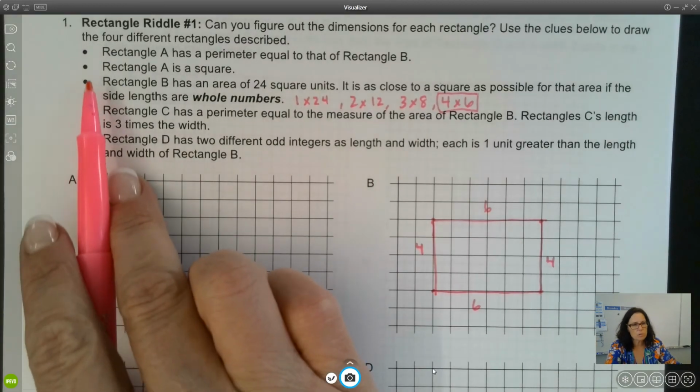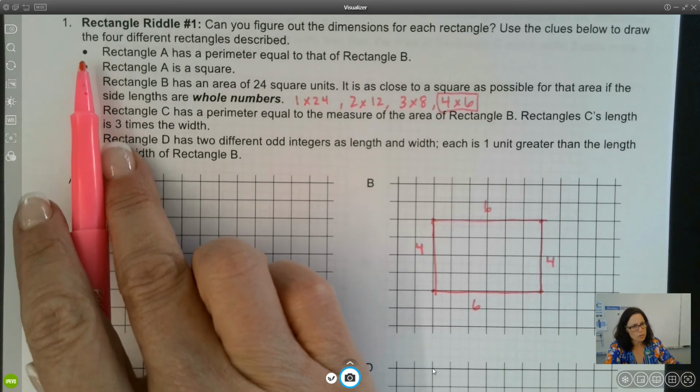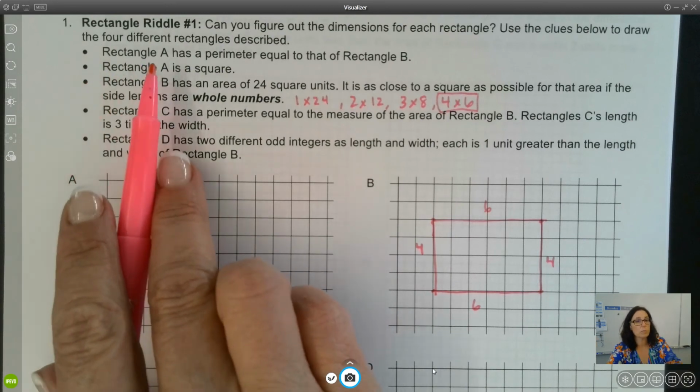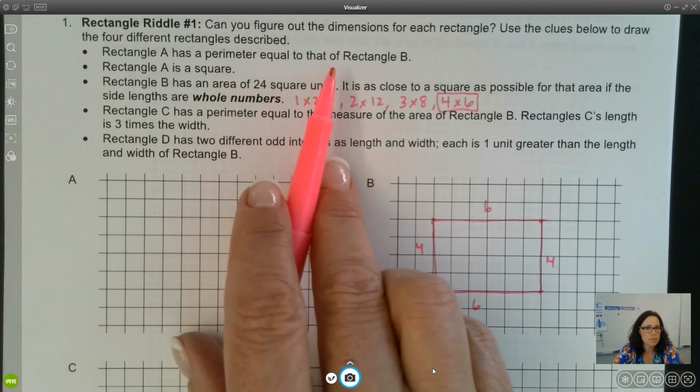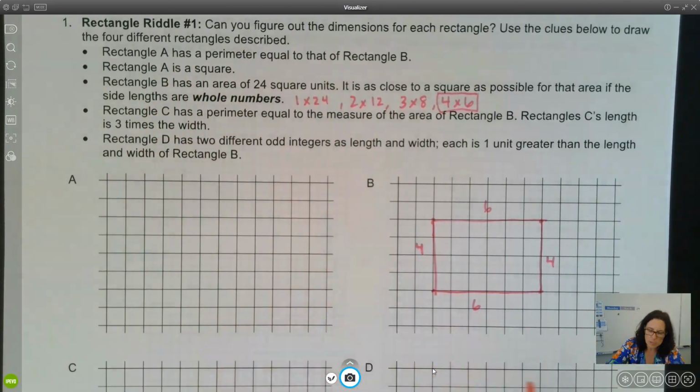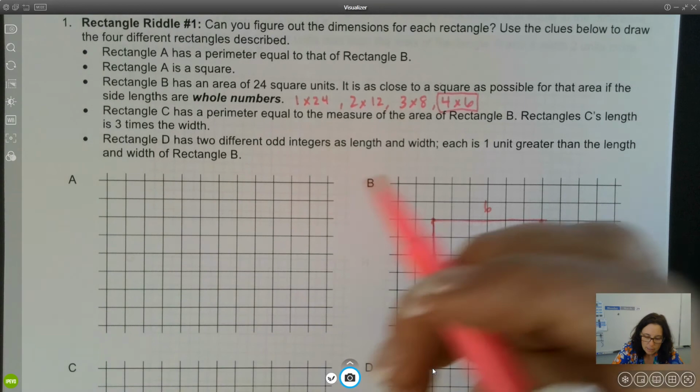But I still have to back up to the first bullet again. It says rectangle A has a perimeter equal to that of B, and it's a square. So let's look at the perimeter of this thing, 20. If I need a perimeter of 20 and it's a square, I'm looking at a 5 by 5 by 5 by 5. Okay, 5 by 5.